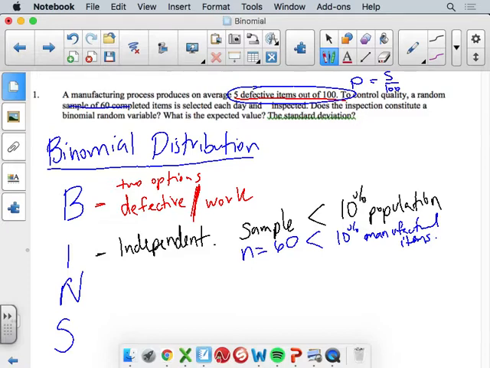And then N is a fixed number sampled. N in statistics is your sample. So N in this case is our sample, a fixed number of trials, like we were talking about 60 items a day.